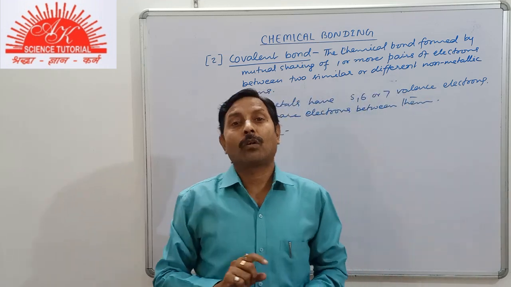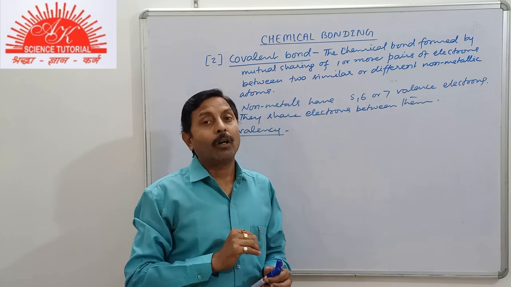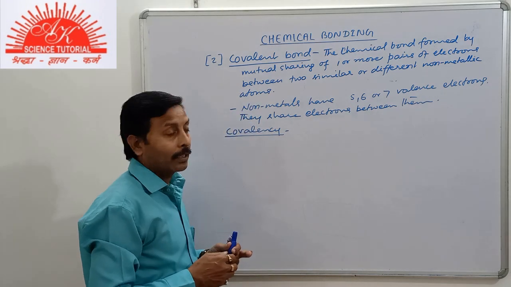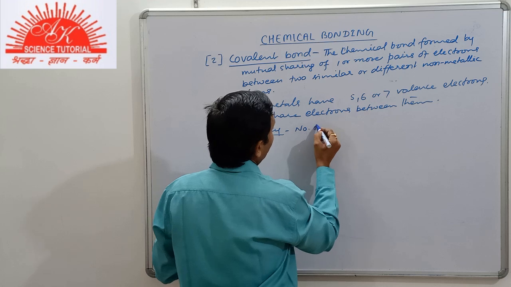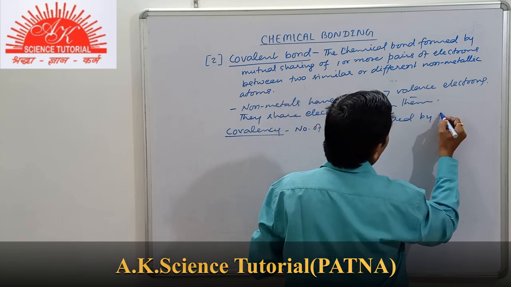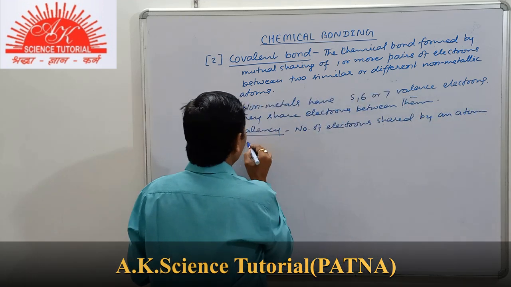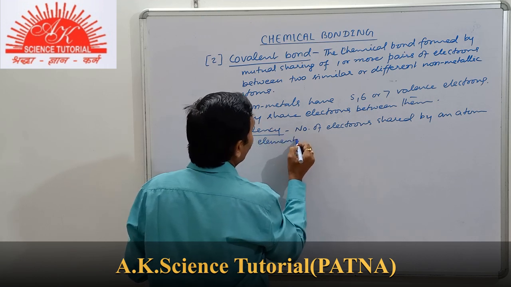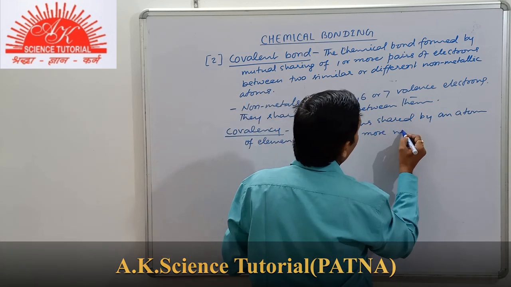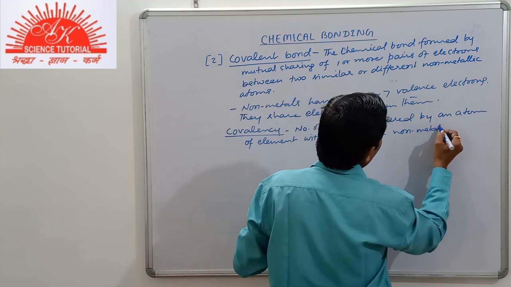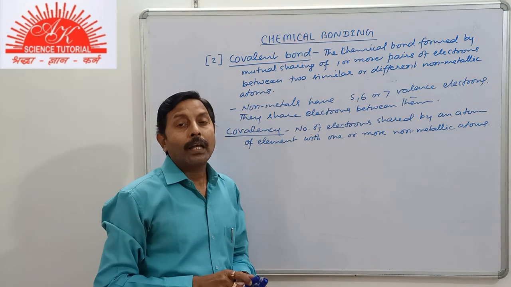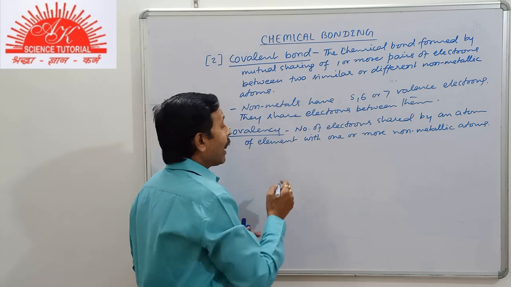So the number of electrons shared by an atom of an element with one or more non-metallic atoms during formation of a covalent bond is called covalency.